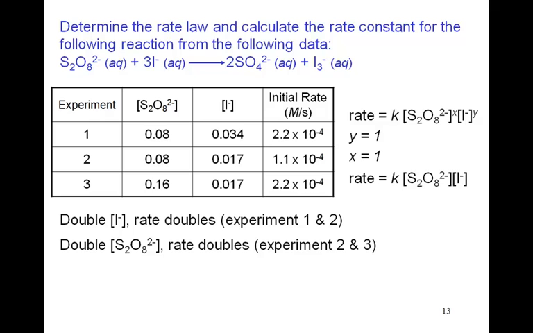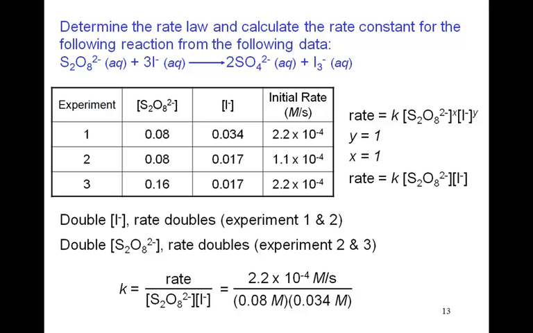We'll plug in the rate, the concentration of S2O8 negative raised to the first power, and the I minus concentration for that experiment raised to the first power, and solve for K. So K is equal to the rate divided by the S2O8 negative concentration times the I minus concentration.